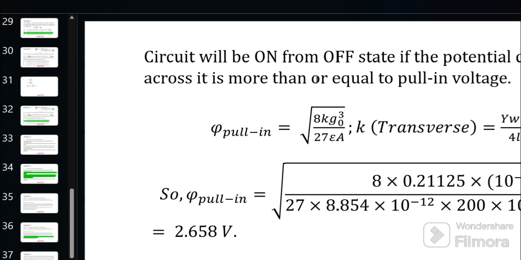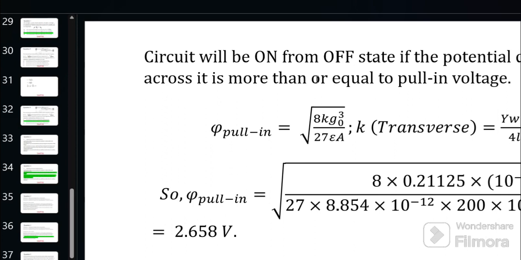We find that using the equation Y W H cube upon 4 L cube. For all this effective beam stiffness, you have to refer to the week 1 content. In that, all the formulas are given in detail, so you can refer to that.